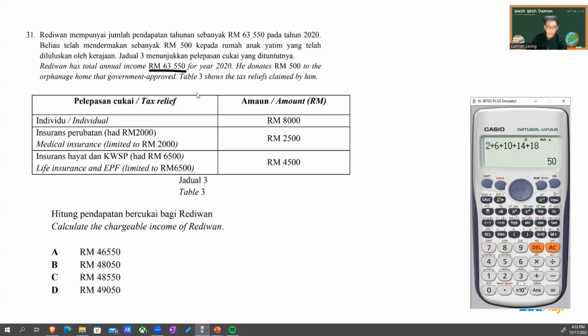So chargeable income, basically 63,550 minus all the tax relief. 8,200 minus 4,500. I also minus the tax donation. Yeah. So it's 48,005. Sorry, 48.